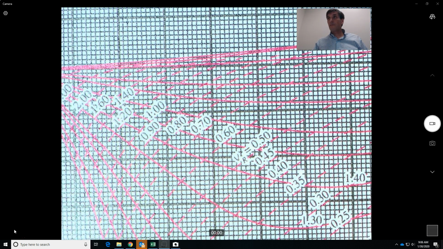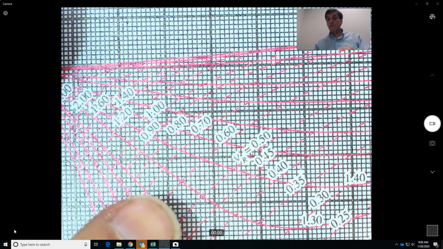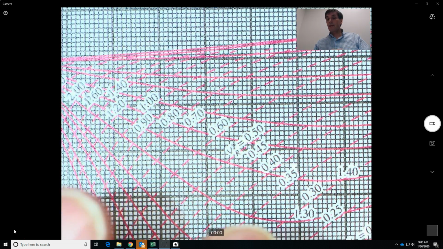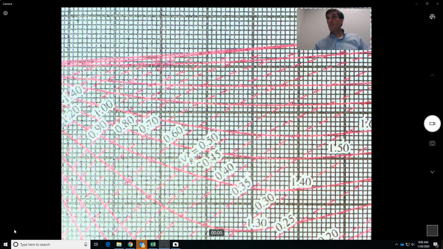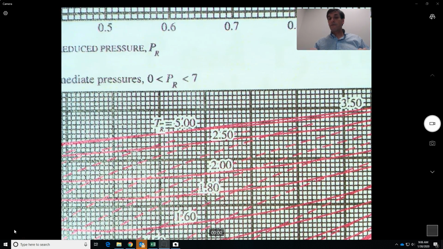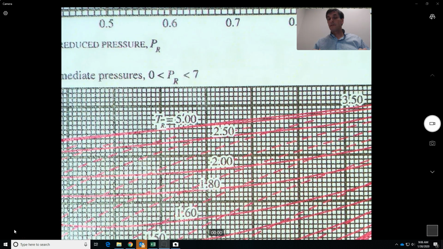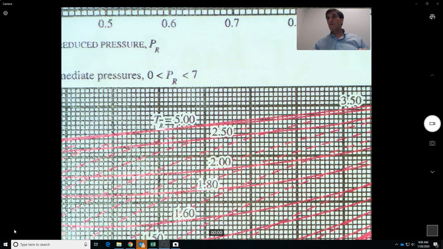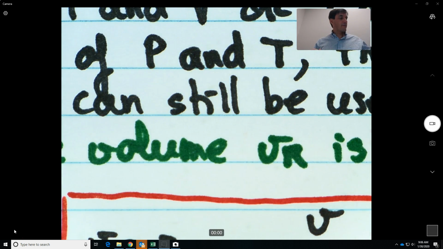You see that you also have lines of VR over here. So you can just look at the value of Z and then the value of VR and P or T, and remember the solid lines over here are different values for TR. So this will conclude this video.